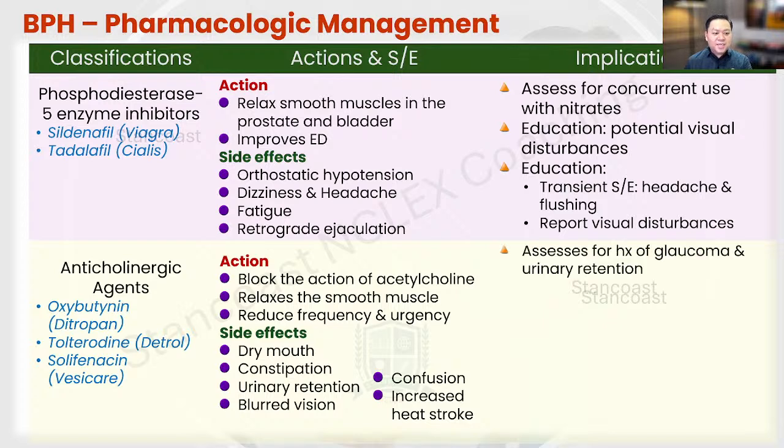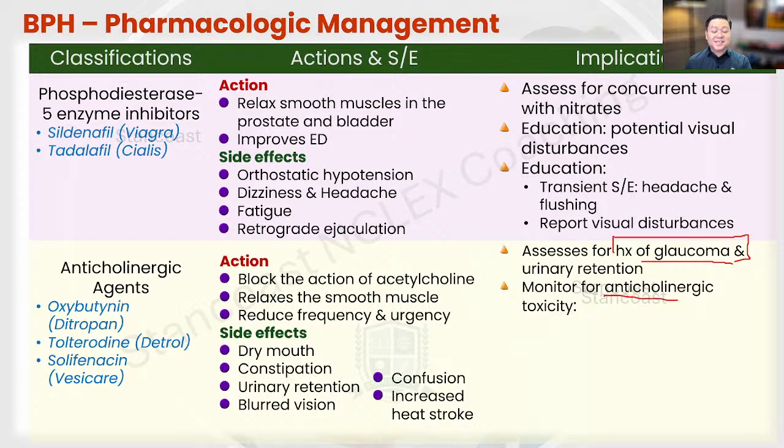Now, what we're going to do here is to also assess the patient for the possibility that they might have a history of glaucoma or urinary retention. So this is something that you need to investigate, okay? Another thing you need to watch for, especially if they have glaucoma or urinary retention, is to monitor them for anticholinergic toxicity.